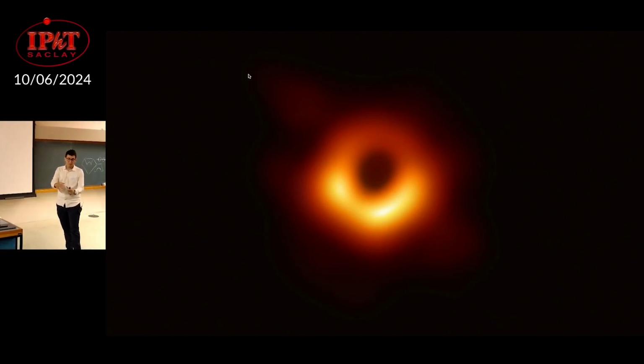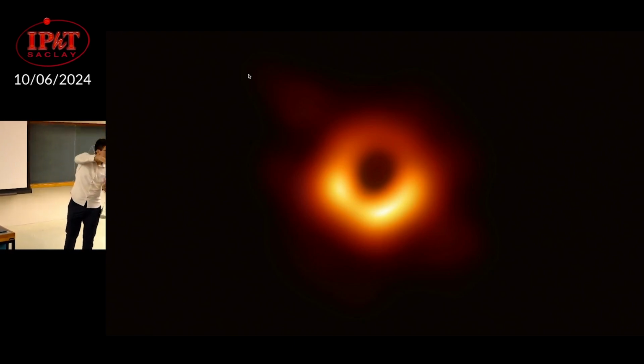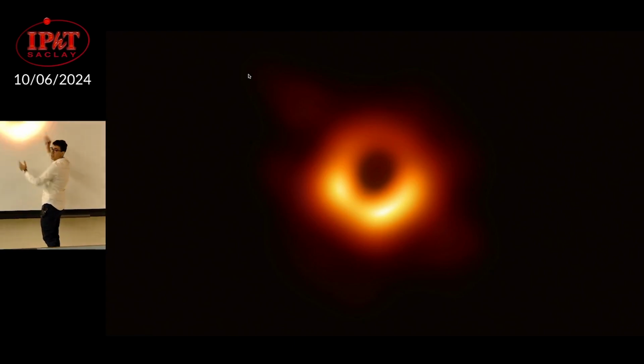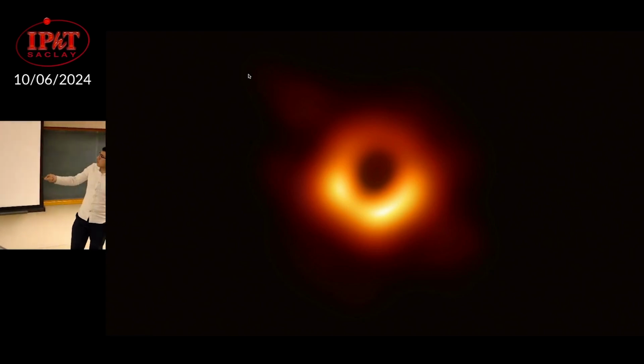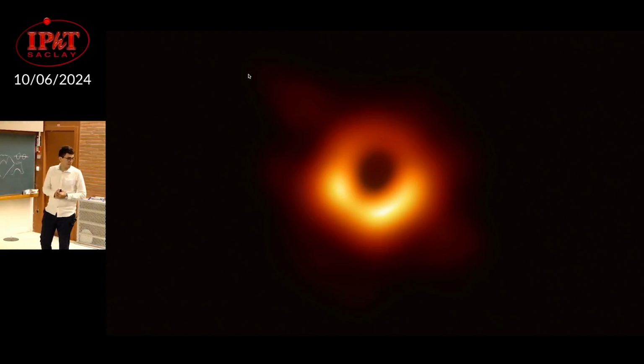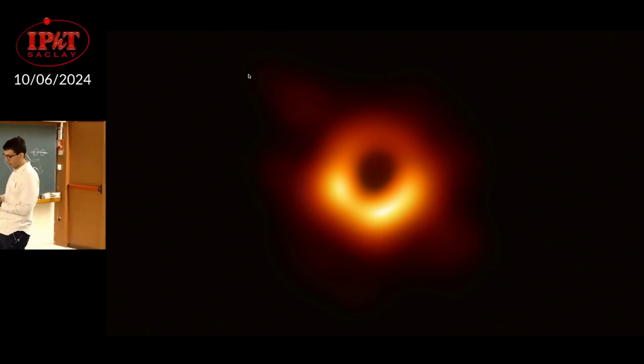Even if you have a black hole, the material here will emit, so you still have something to see. That's what Daniel was also alluding to: we want to know more about this inner shadow, which is not necessarily the black hole. And also connected to some of the questions this morning, if you know something about the distance of the source, then you just measure this scale, and you know it's consistent with GR, at least in some sense. The scale is consistent with having a black hole. So we have learned a lot of things from this blurry image.